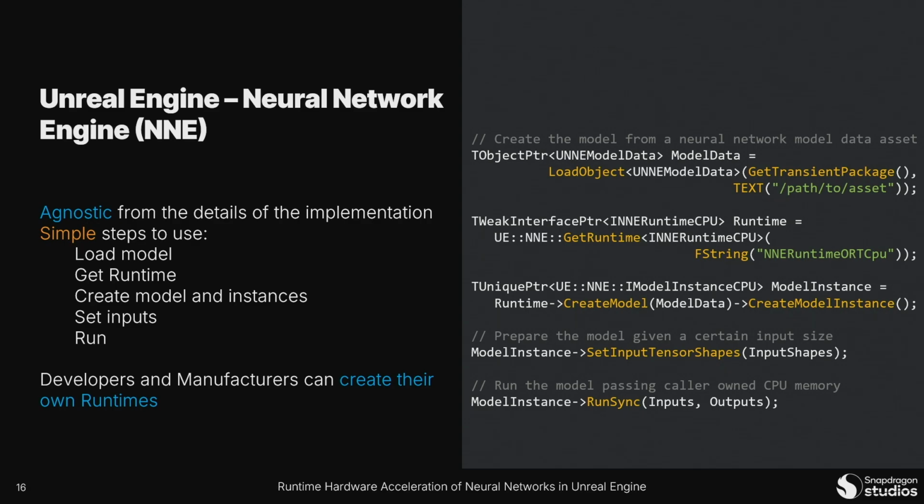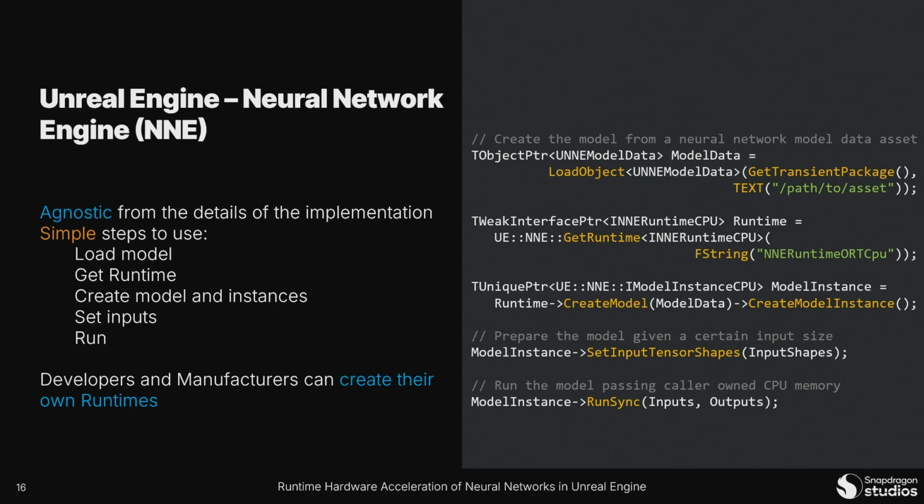Then you get a runtime, and here there is an example of a single call, getting a runtime by name. This is the one for the Onyx runtime on CPU. Then you create the model and the instances of that model to actually run inference with a couple of simple instructions. You set the input. The purpose of this step is to reshape the model if you need to.